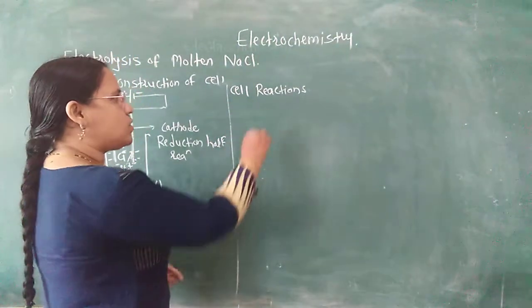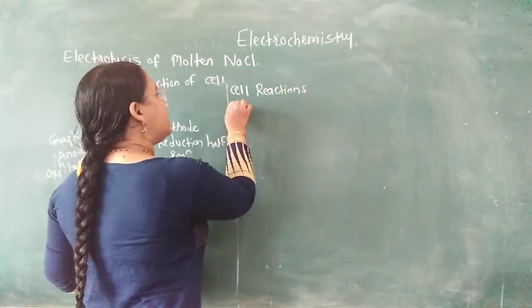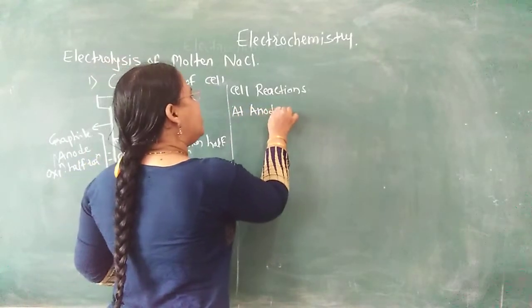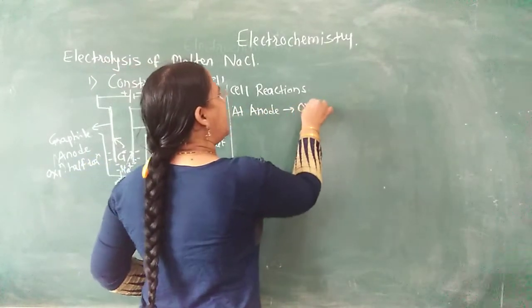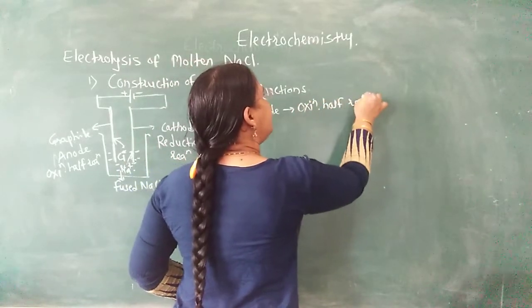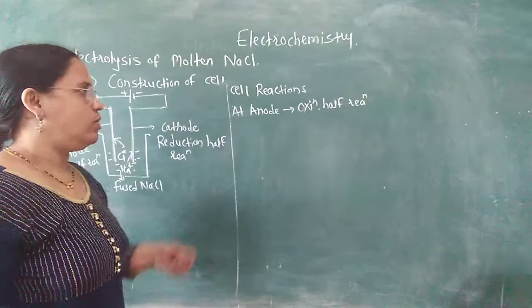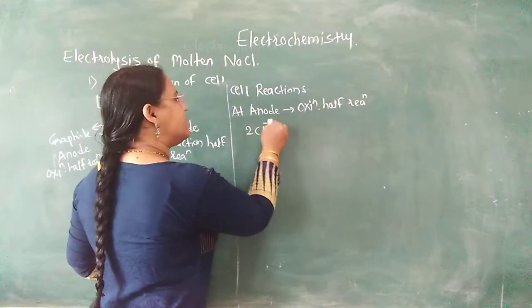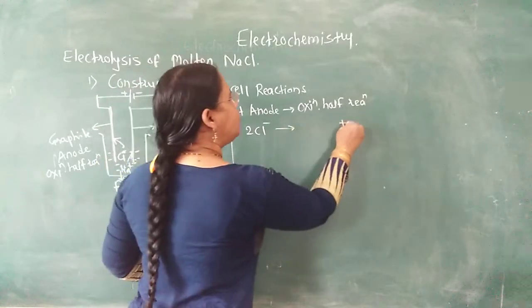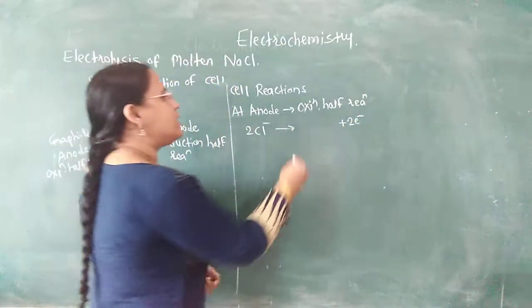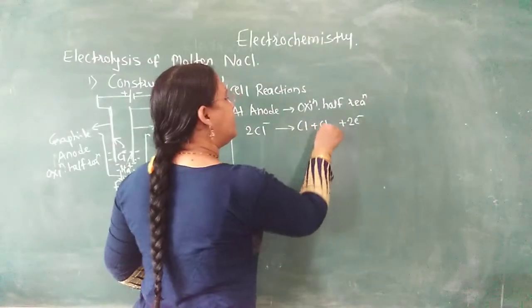Which reactions occur? First, reaction at anode. At anode, the reaction is the oxidation half reaction. 2Cl- loses 2 electrons and is converted to Cl, chlorine atoms.